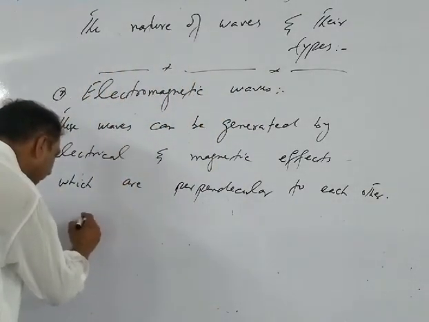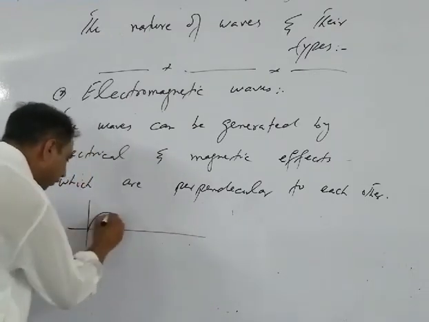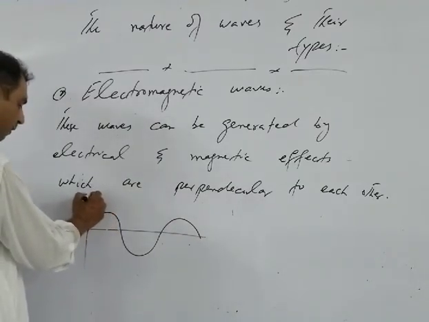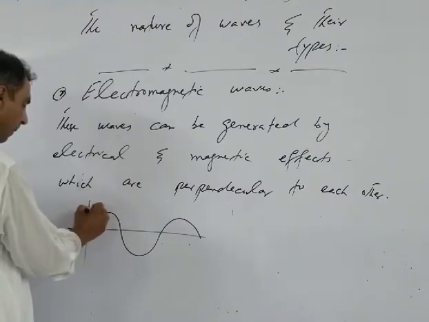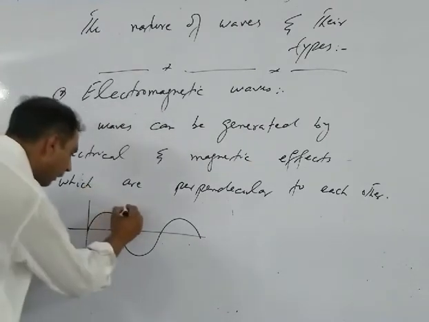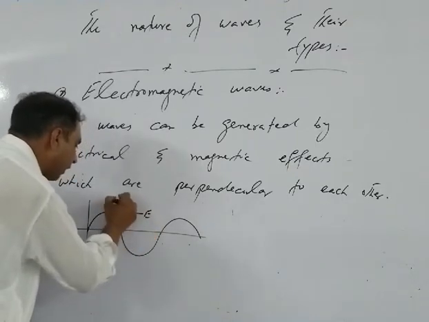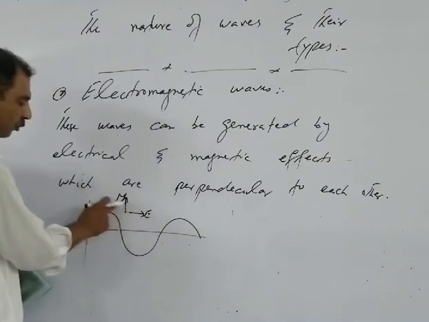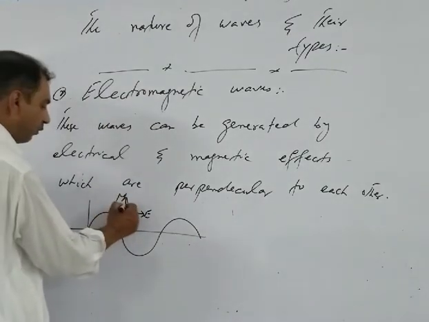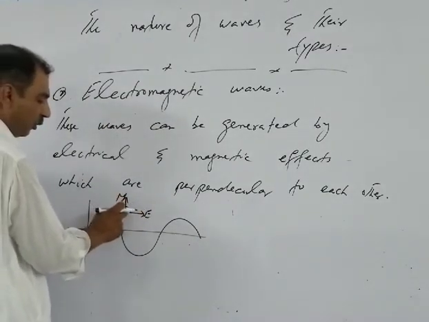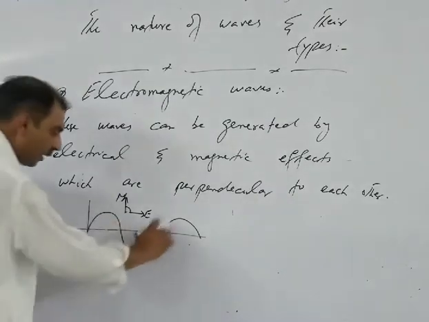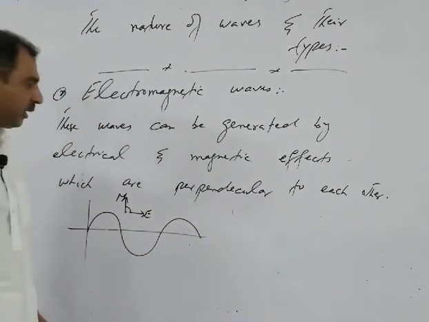That is, suppose there is a wave which is electromagnetic, so there will be electrical effects and magnetic effects. These two effects will be perpendicular to each other, so they make 90 degrees with each other. When we say perpendicular to each other, it means that these two patterns are perpendicular in the same wave at the same time, simultaneously.